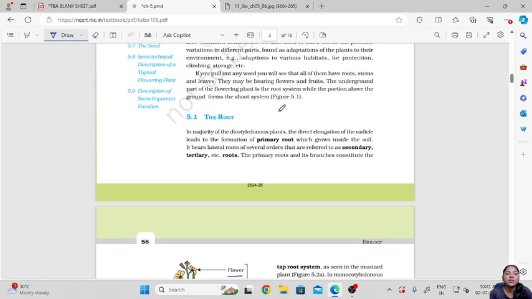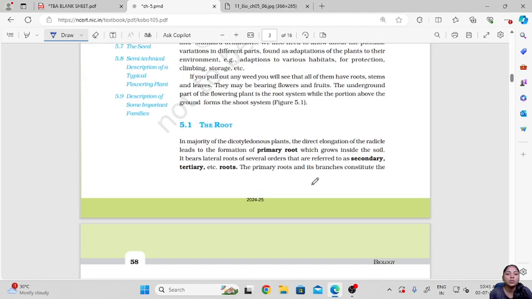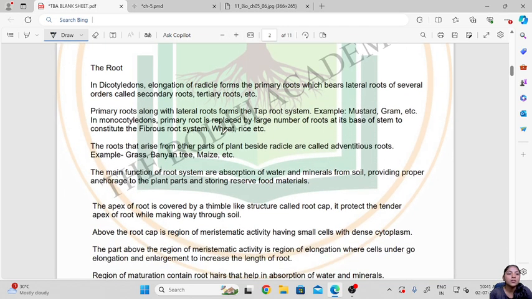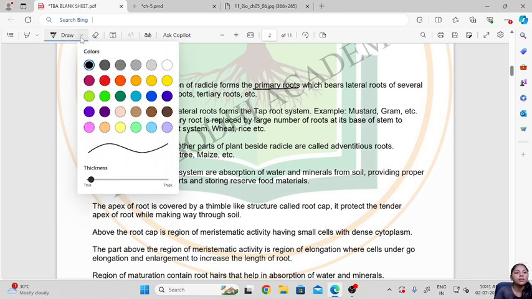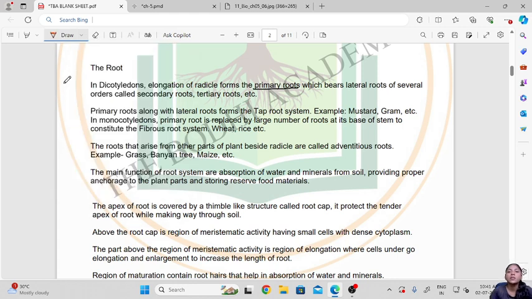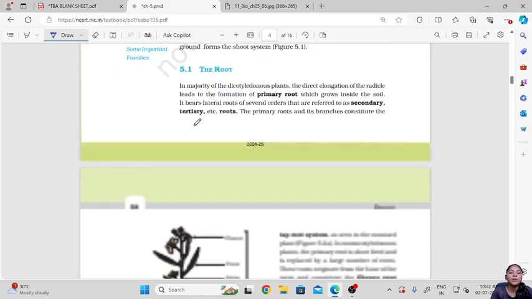Now first let us learn about the root. So in dicotyledonous plants, elongation of the radicle forms the primary root which bears the lateral roots of several orders called secondary roots and tertiary roots. Okay, as we have seen in the diagram.